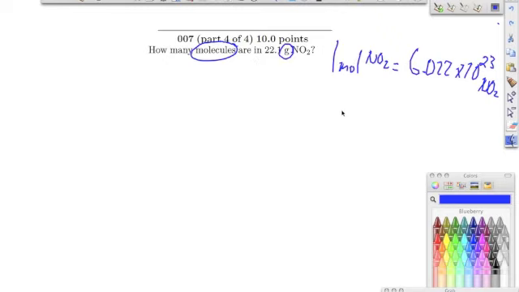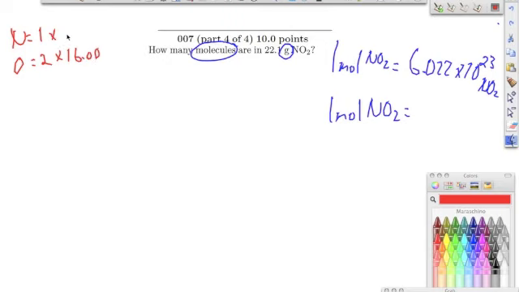Now anytime we have grams in the problem, we know that we need the molar mass. So we know that 1 mole of NO2 is going to equal the molar mass of NO2, which is going to be nitrogen, which we have 1 of them, oxygen we have 2 of them, multiplied by their atomic masses. We have 16 for oxygen, nitrogen is 14.01.